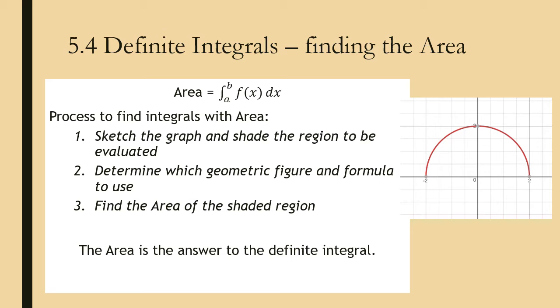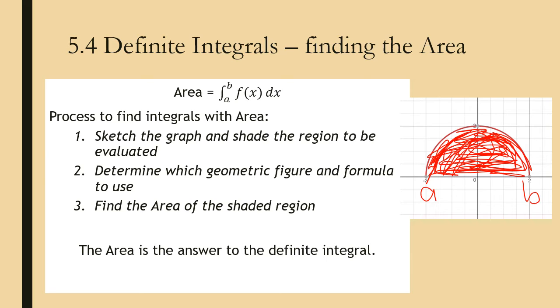So that's like from, and then the interval, if this is from A to B, and then this would be the shaded region. And so we would find that area. You know how to find the area of a circle, so we would take half of it, and the radius for this circle is 2, so that would be easy.